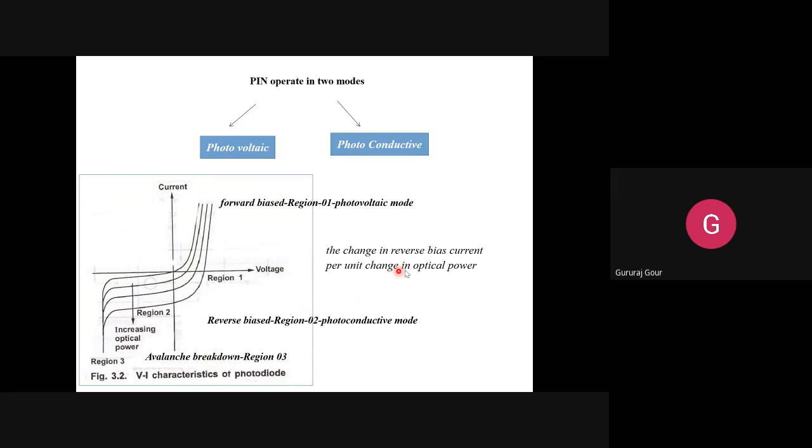The change in reverse bias current per unit change in the optical power is known as the responsivity of the photodiode. This is one of the first characteristics of the pin photodiode.